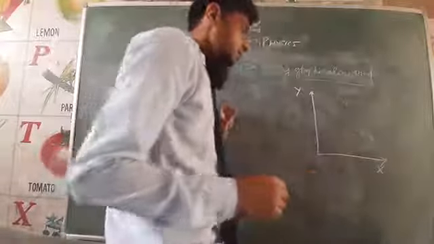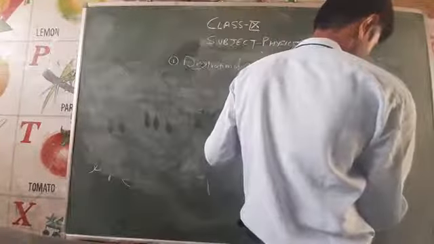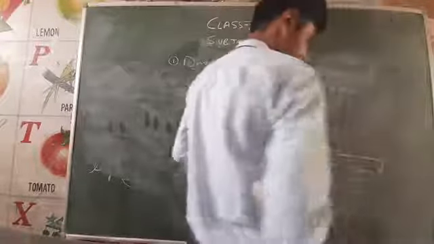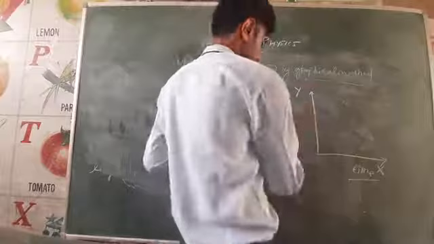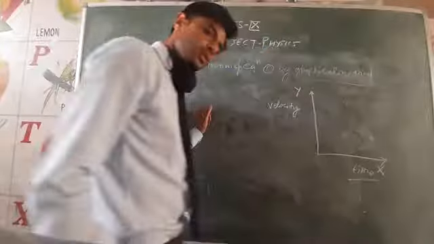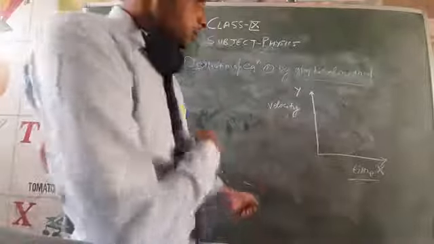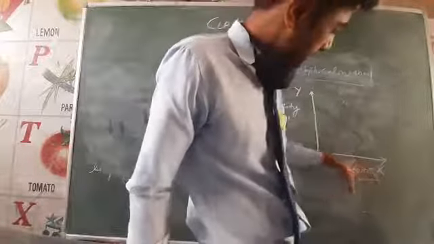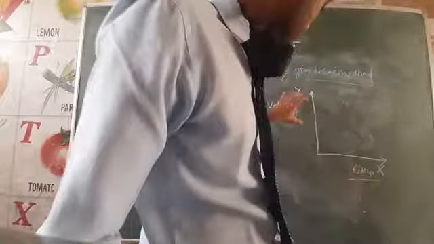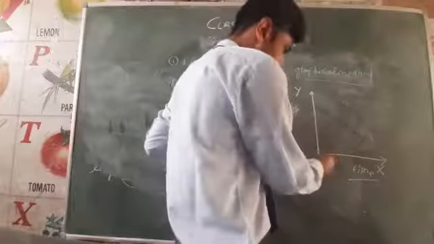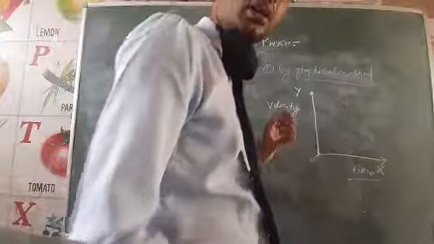The x axis denotes time and the y axis denotes velocity. Okay, this x-axis represents time and this y-axis represents velocity. So this is the origin of the graph.